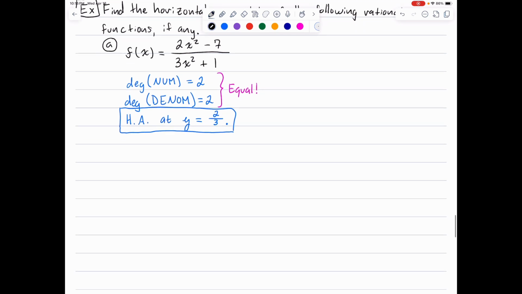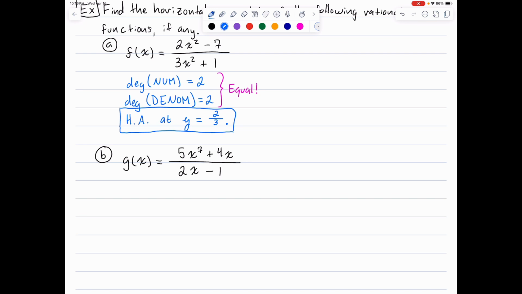All right, let's try part B. Part B is g of x equals 5x to the 7th plus 4x over 2x minus 1.